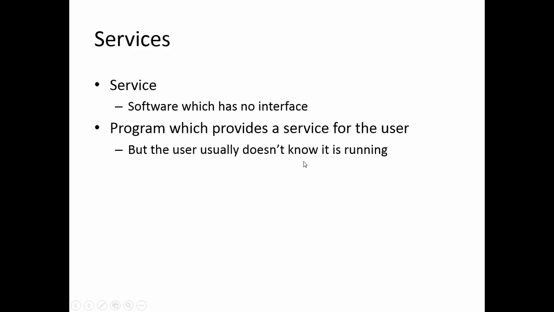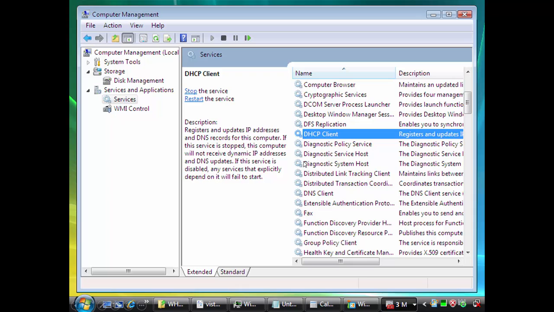A perfect example is the DHCP service. If we go into the Computer Management Console under Services, we will see there is the DHCP client service. Whenever you turn on a Windows 7 computer or any Windows computer, the user doesn't know it, but it starts up the DHCP client service.